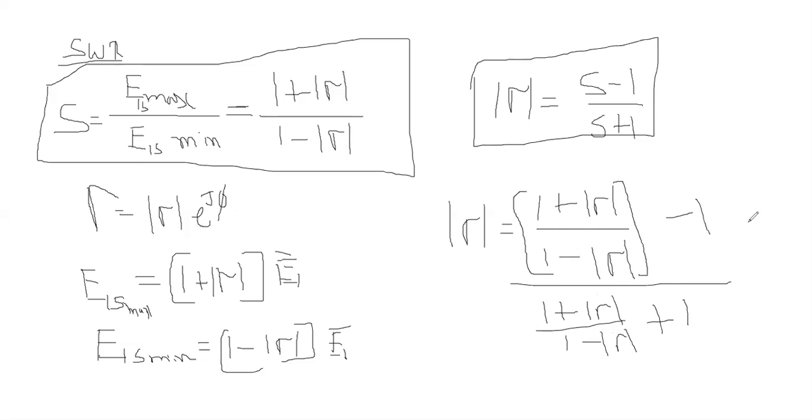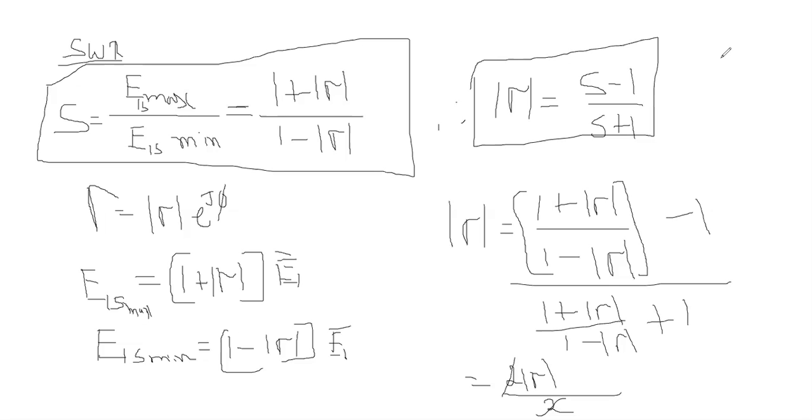Now I can simplify this one. Definitely you'll get the same reflection coefficient: in the numerator, 1 plus the reflection coefficient minus 1 plus the reflection coefficient gives 2 times the reflection coefficient. In the denominator, 1 plus and 1 minus cancel, and the 2 gets cancelled. It is related to this reflection coefficient.